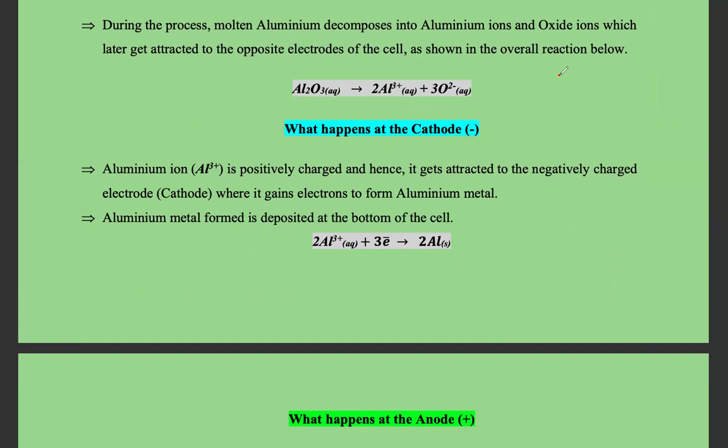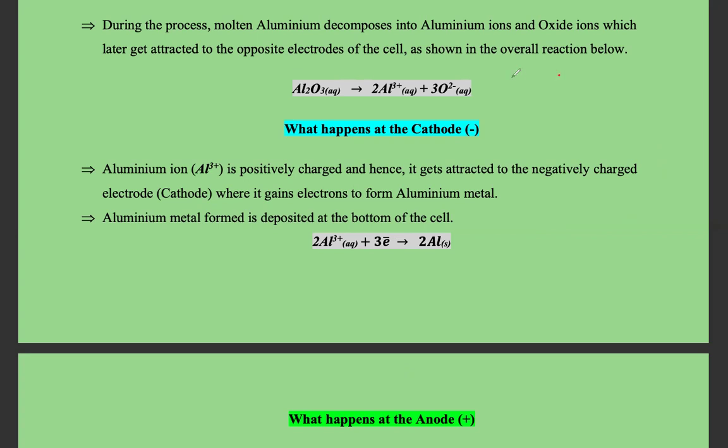chemical species. Which one do you think would be attracted to the negative? Is it the oxygen, the oxide, which is negatively charged, or the aluminium, which is positively charged? Oxygen is negatively charged.